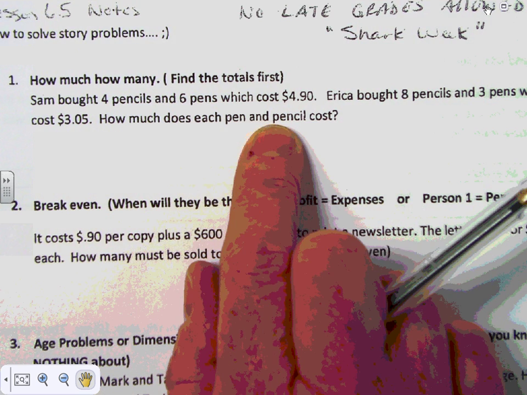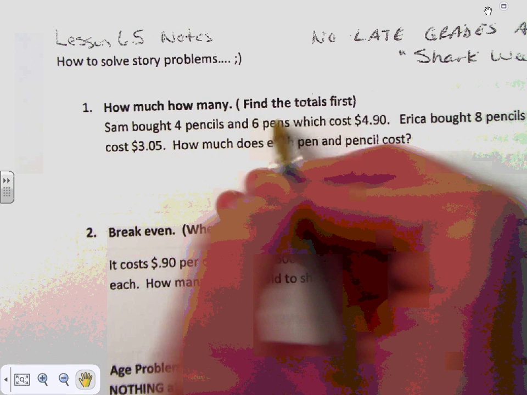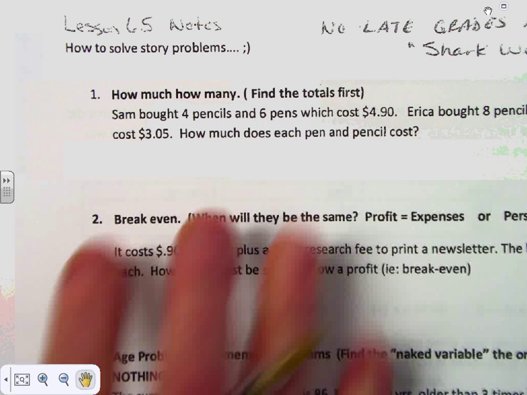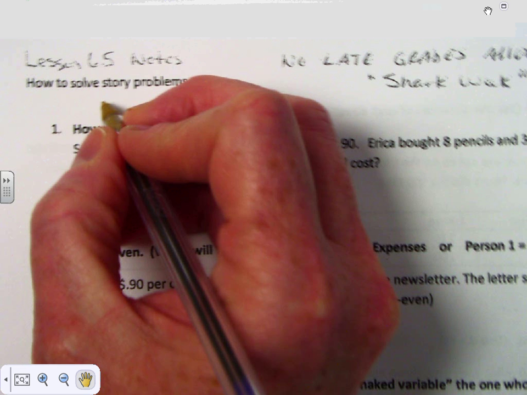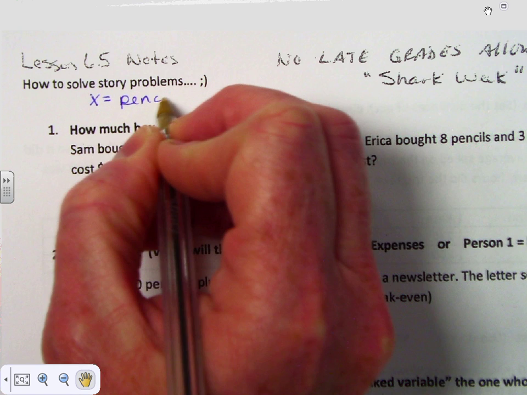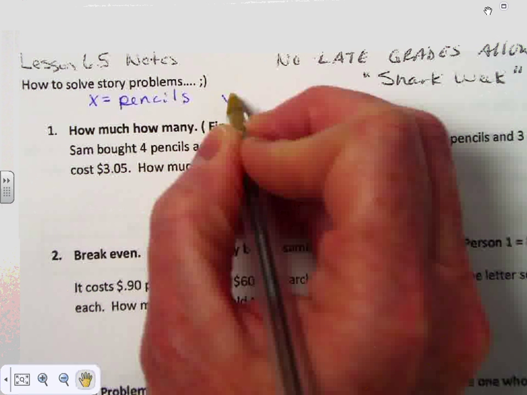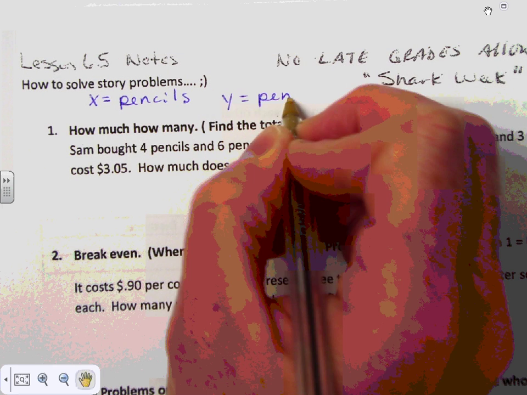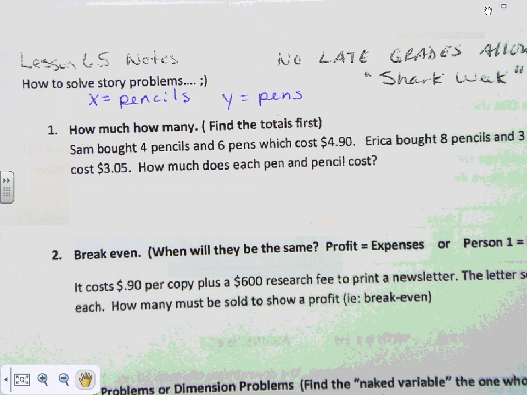So we're going to have to pick 2 different variables other than P, X and Y. So which one would you like to be the X's? Pencils? Okay. Always write that down so that you don't forget. So we're going to let the X be the pencils. And by default, we'll let Y be the pens. Okay? So in the end, if we find X's certain thing, we can go back and remember what it is we're talking about.